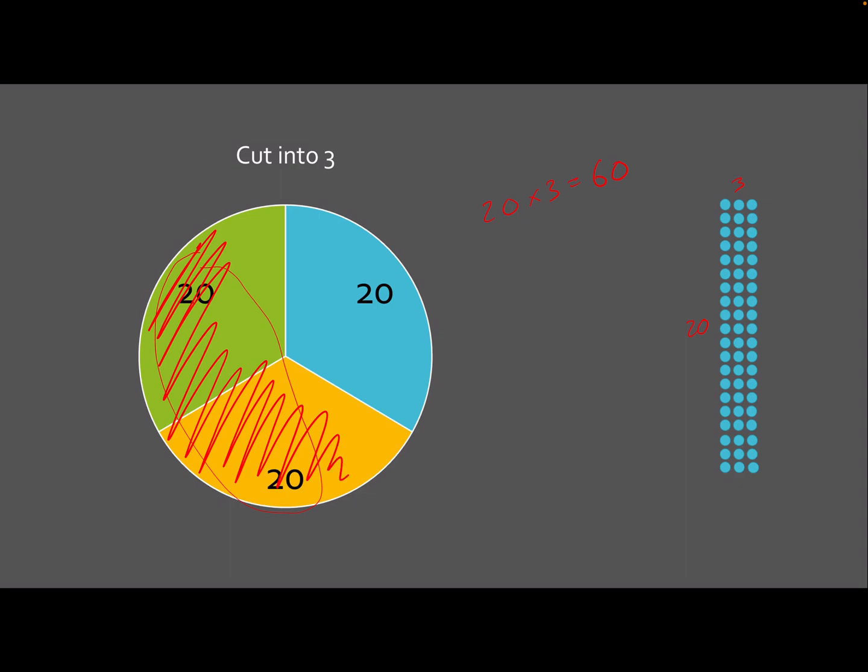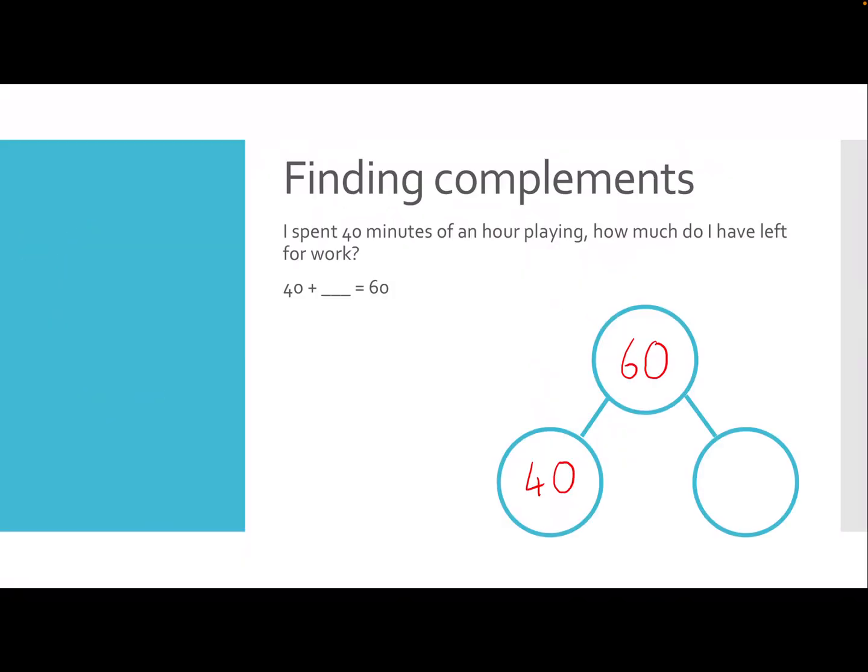So the bit that's left is 20. So 40 add something equals 60, the something is 20. That might be written like that. It's the same calculation, just written backwards.